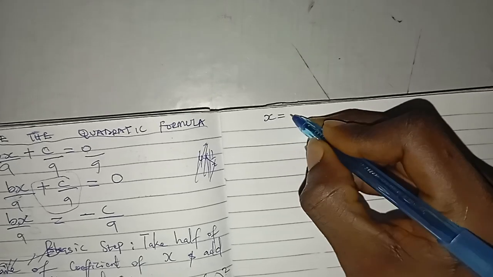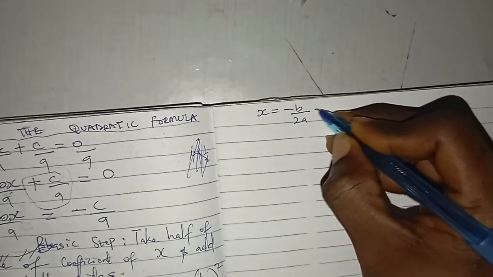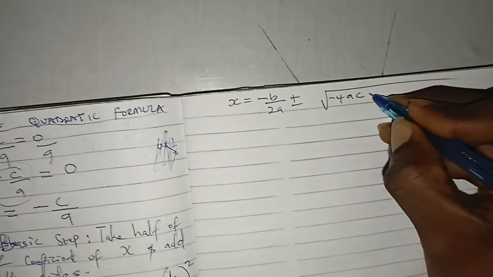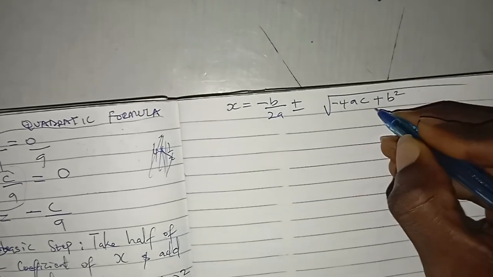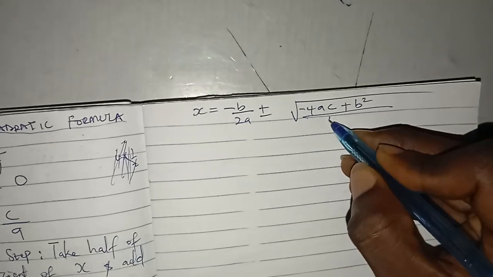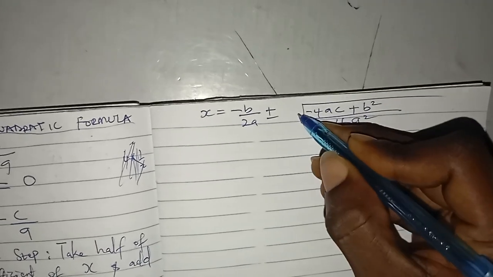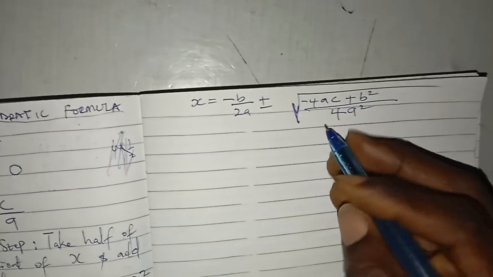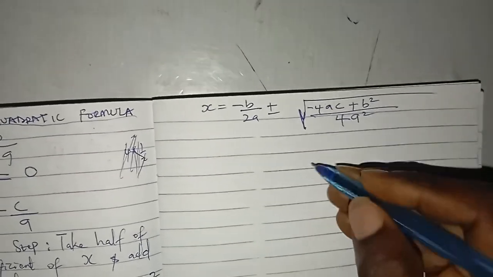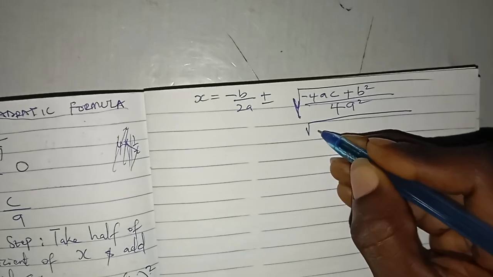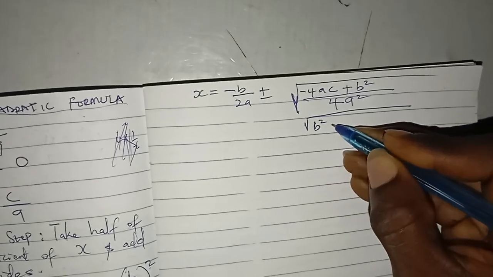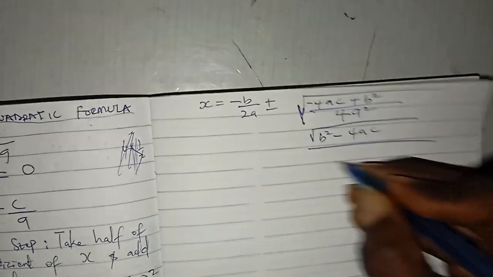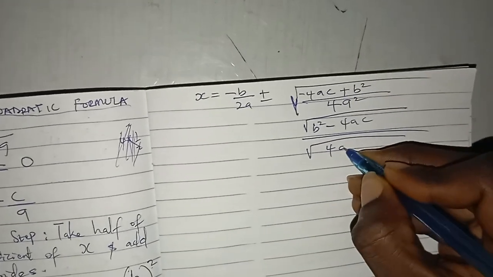We have x equals to minus b over 2a plus or minus roots minus 4ac plus b square all over 4a square. Okay, now we know that this is the same thing as saying root b square minus 4ac all over root 4a square.